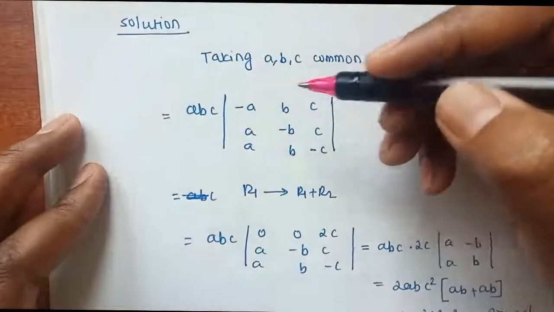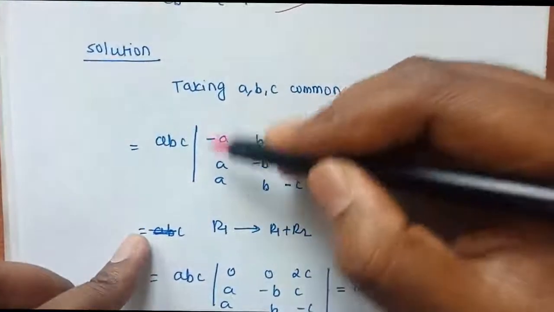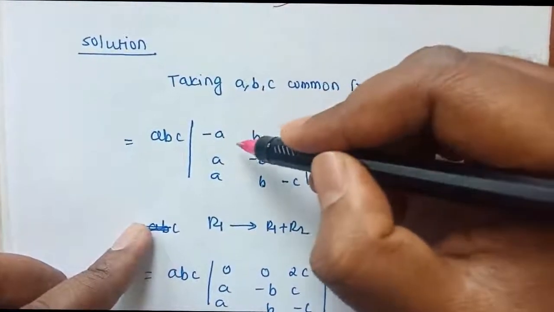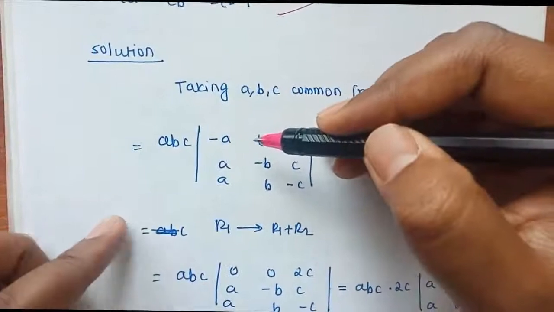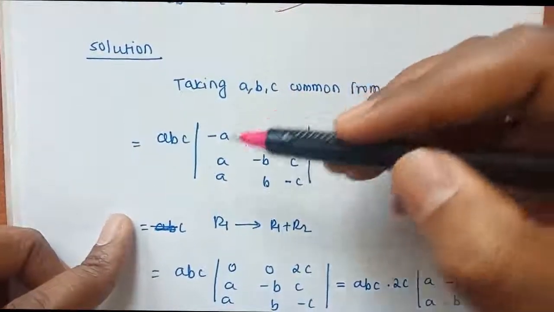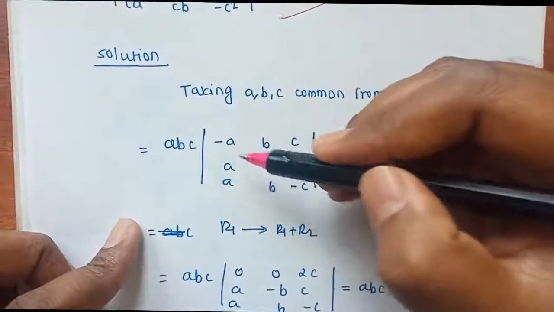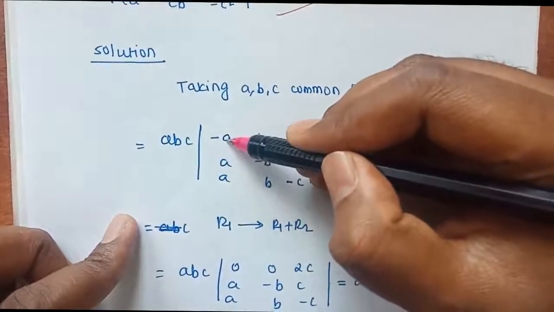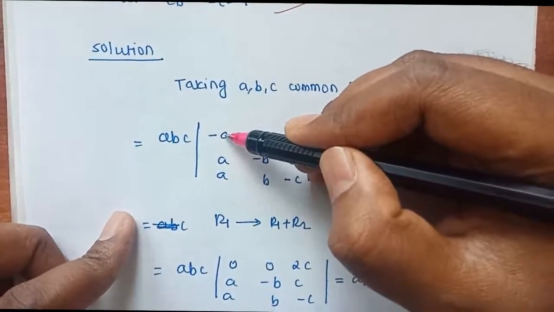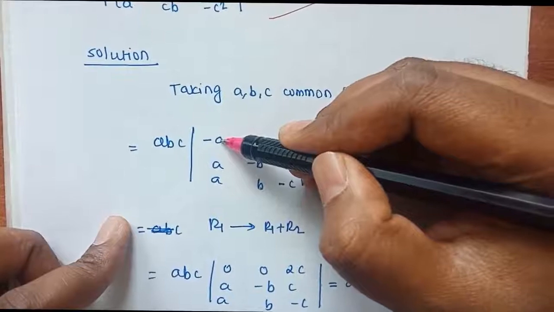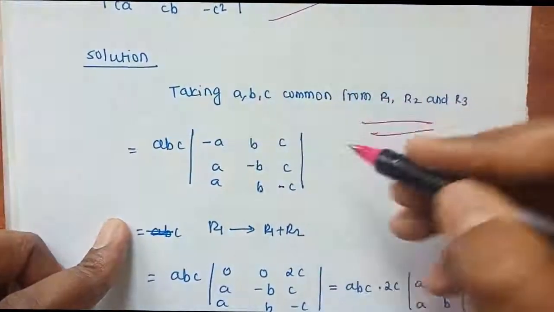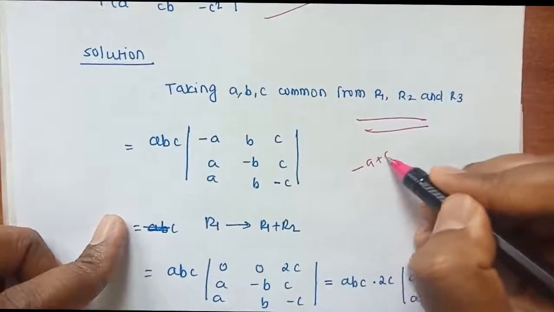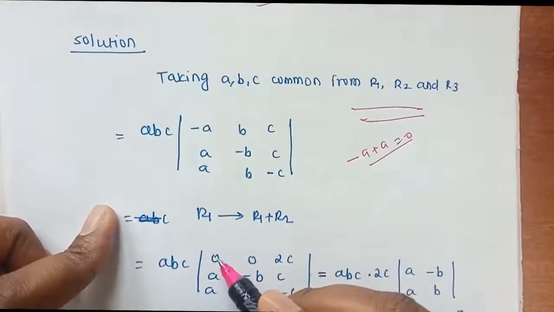Now here I can make as many zeros as possible because that will be easy to solve. If I make the changes in first row by adding R1 and R2, this minus a plus a is equal to 0.